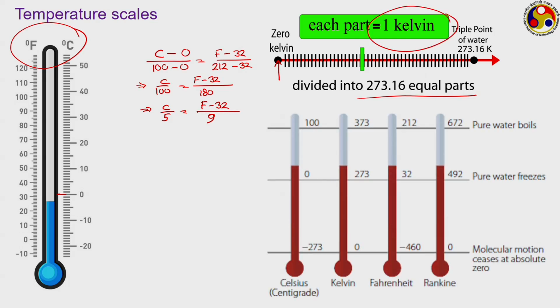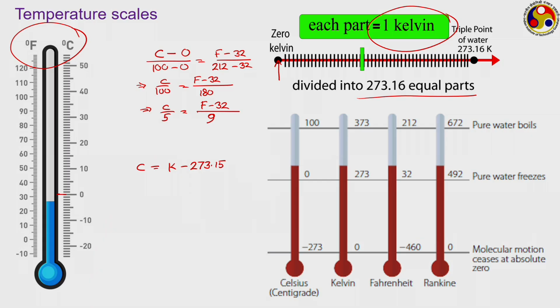And we all know the relation between Celsius and Fahrenheit scales and also the Celsius and Kelvin scales: any value in Celsius scale will be equal to the corresponding value in Kelvin scale minus 273.15, because the ice point is 273.15 Kelvin.